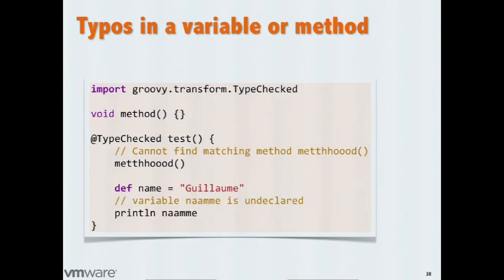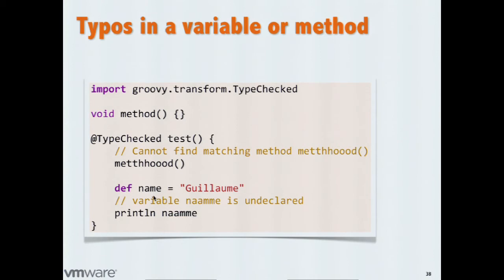Let me show you. For example, in this little class, I have a method called method. That's a very funky method name. And actually, I made an obvious typo here, and I also have a local variable name, and I made another typo.